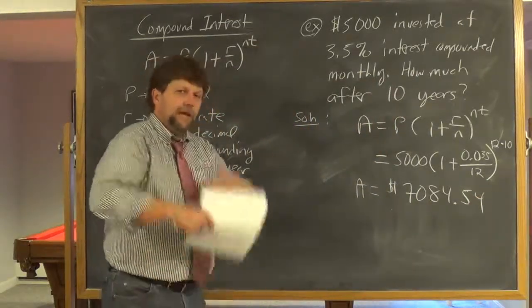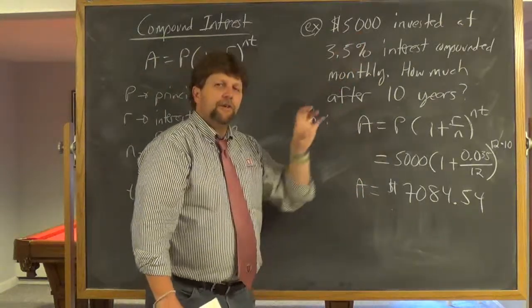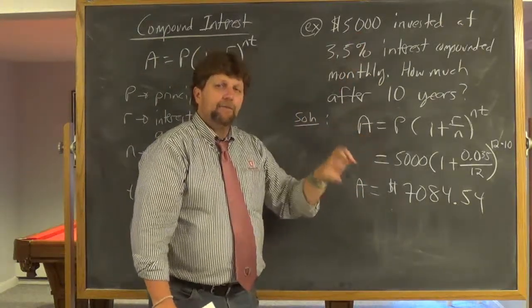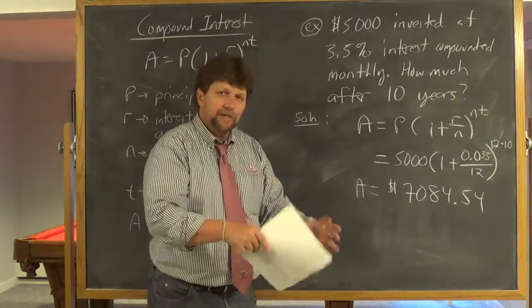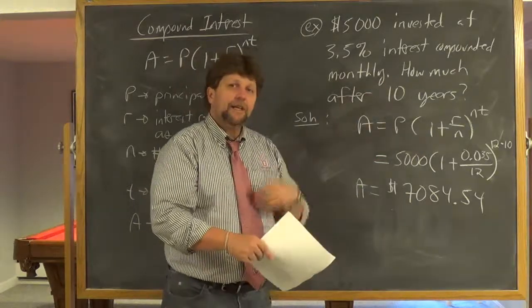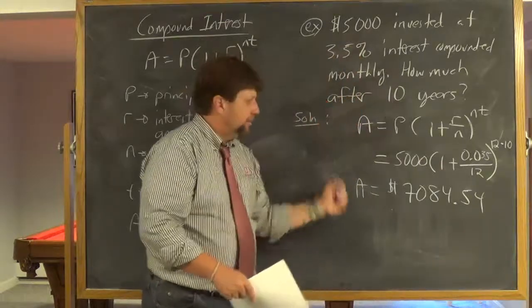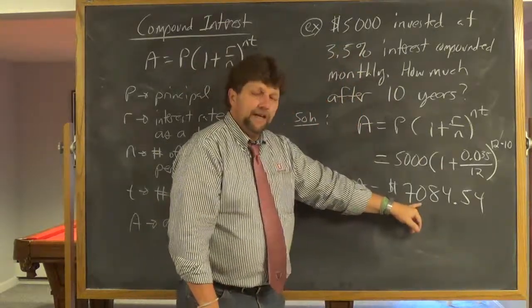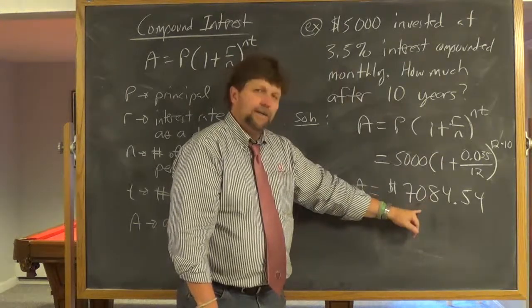So to recap all of this, $5,000 goes into the account today. That's the principal. That's the present value. That's how much $5,000 is worth today. In 10 years, in the future, that $5,000 will have grown to $7,084.54. It's just sat there and gained interest.